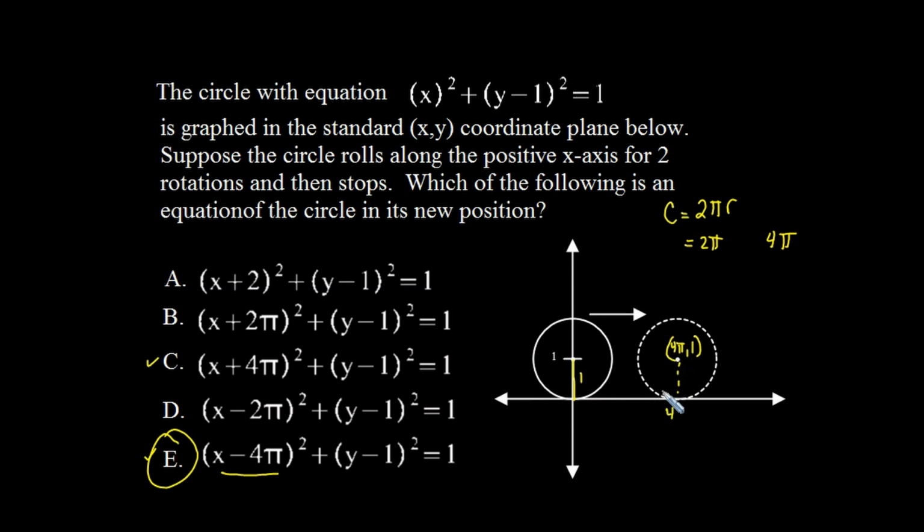So we shifted over 4 pi, which was, we shifted 2 pi, and then we went 2 pi more to 4 pi. And again, that length was the rotation of the circumference. How far did we shift? All points were shifted by the rotation of the circumference.